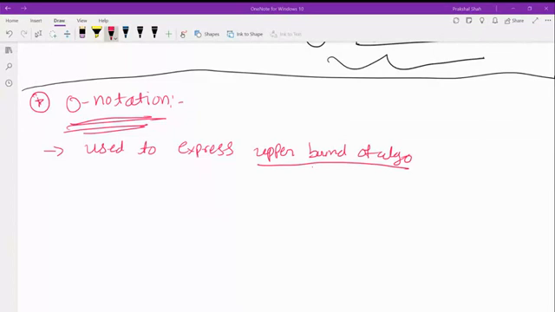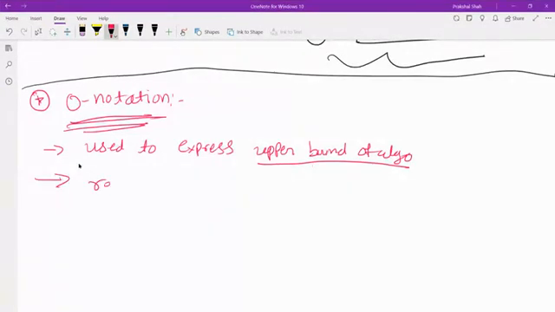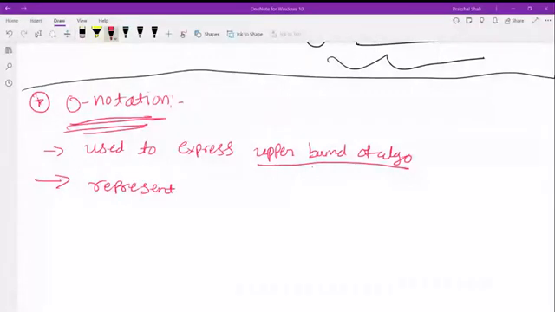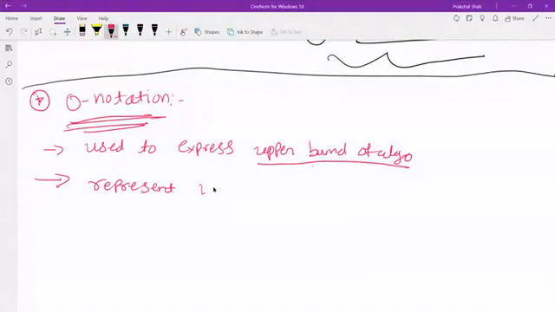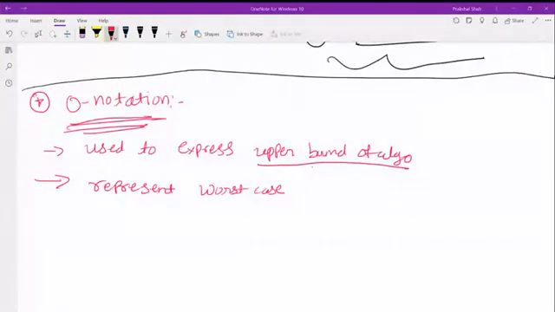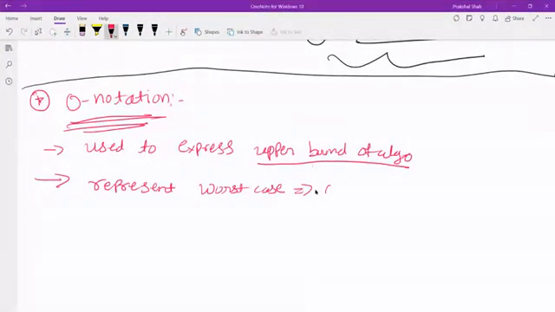It also represents the worst case time complexity of an algorithm.